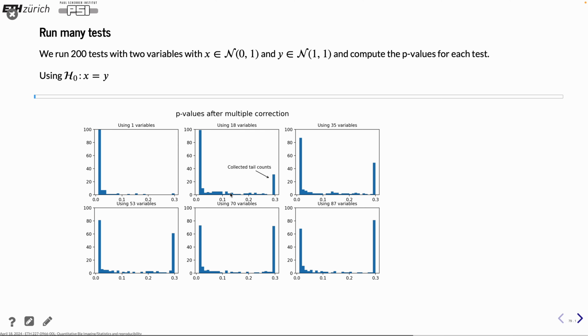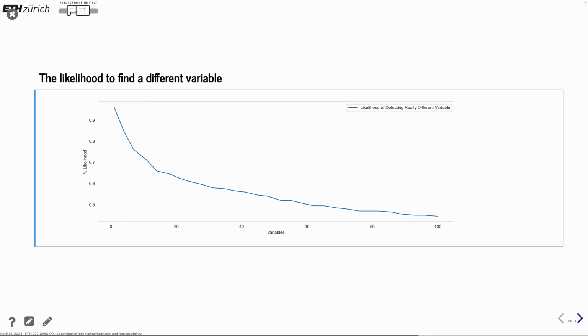These plots show the case of 18 variables up to 87 variables. You can see that the p-value here decreases for the null hypothesis. And here you can also see that the likelihood of finding a different variable decreases with the number of variables.